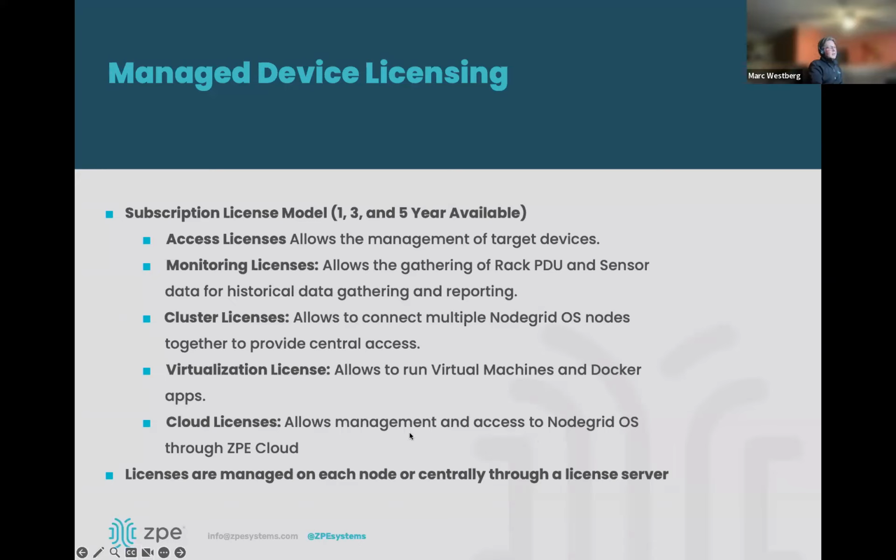And then cloud licensing allows management and access to the Nodegrid and the managed devices that they are supporting through the ZPE cloud, which gives us the ability to do zero-touch provisioning, gives us the ability to push templates down to devices either as they come on or as they're in production and a change needs to be made.